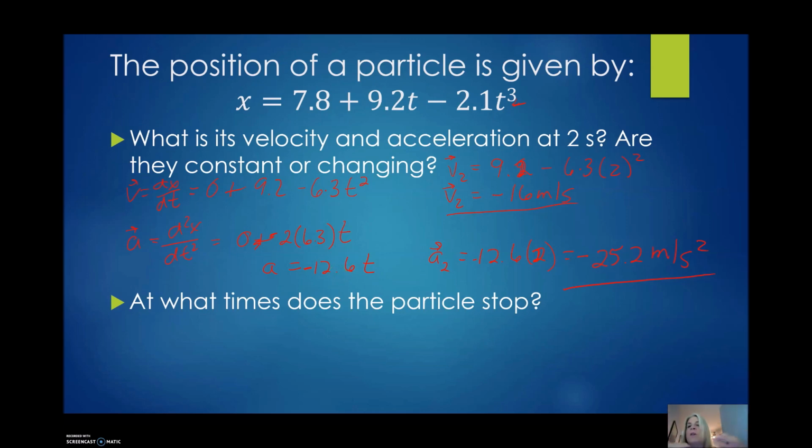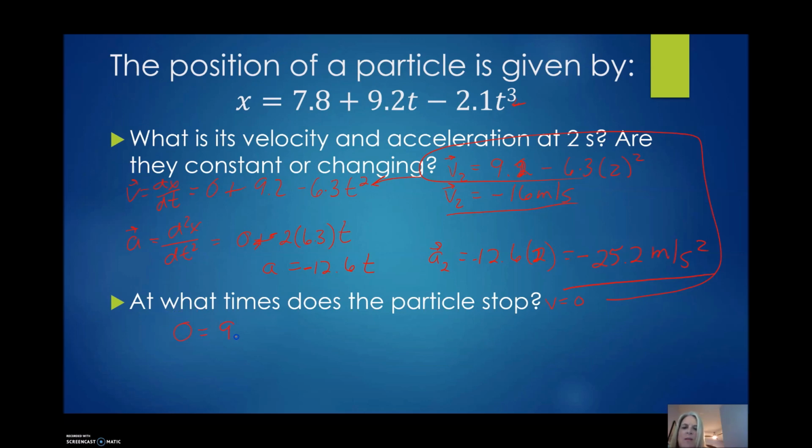So this is one that we could never have done in Physics 1. Now, next question, what time does the particle stop? Well, what's true about velocity when a particle stops? It's just 0. So we're going to go back up to this equation here and set it equal to 0.